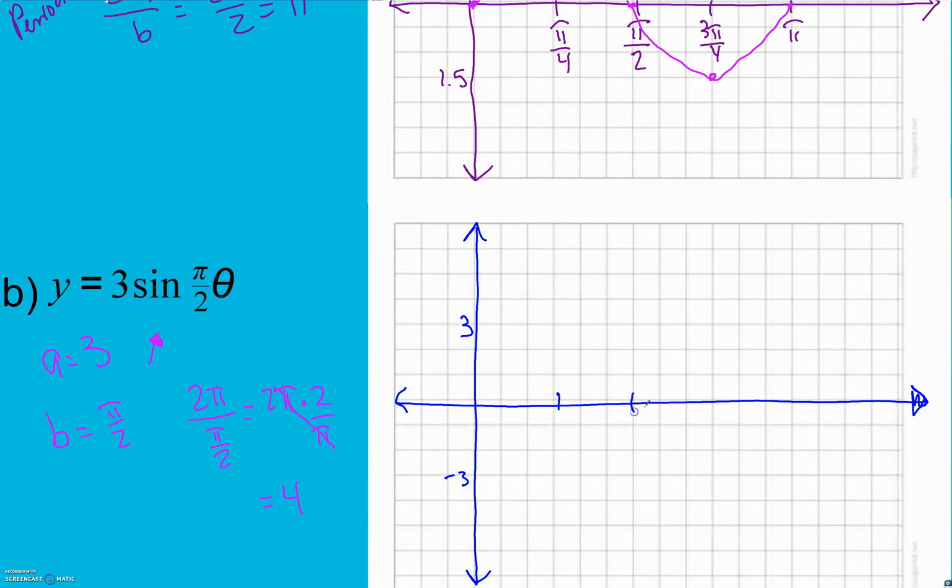Mark off my 4 places because I have 0, max, 0, min, 0. 4 is the period, so I'm going to split these into 4 pieces. 4 equal pieces. 4 divided by 4 is just a 1, so 1, 2, 3, 4. That's a bad color. 0, max, 0, min, 0.